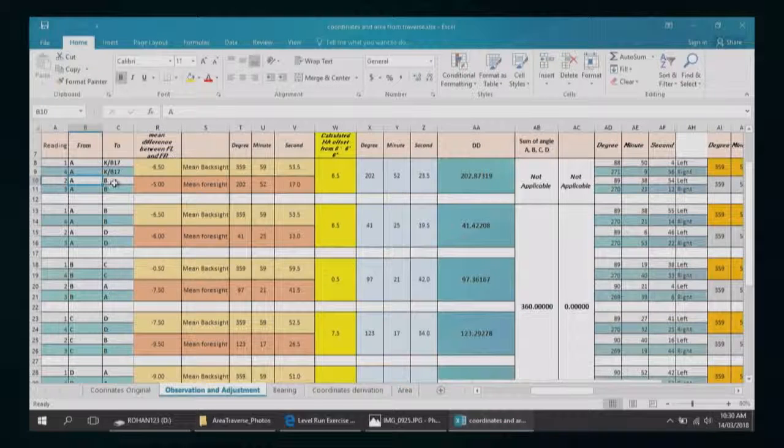Then from A to B, you record the distances, you record the horizontal angles, and you start recording all of the readings that the total station gives you. So taking these readings is one thing. Then to minimize the error, we start taking the average of these readings.